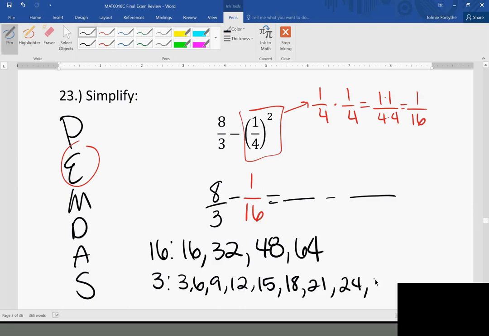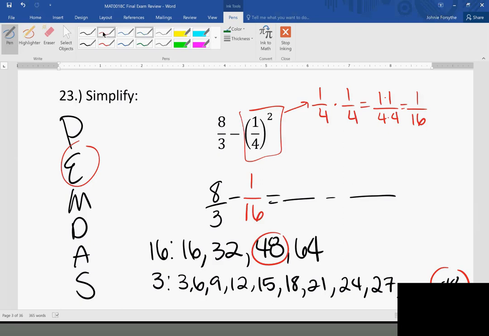Kind of keeps going on. But actually, we're going to end up getting 48 because I can divide 3 into 48. That gives me 16. 48 is going to be my common denominator. And to be honest with you, again, if you couldn't think of a least common denominator, you could just multiply the denominators together to get a common denominator.